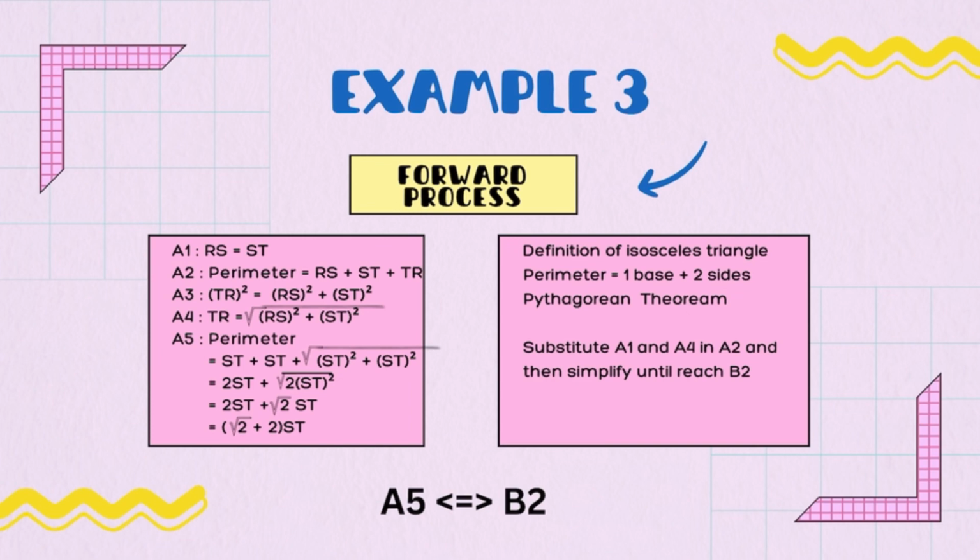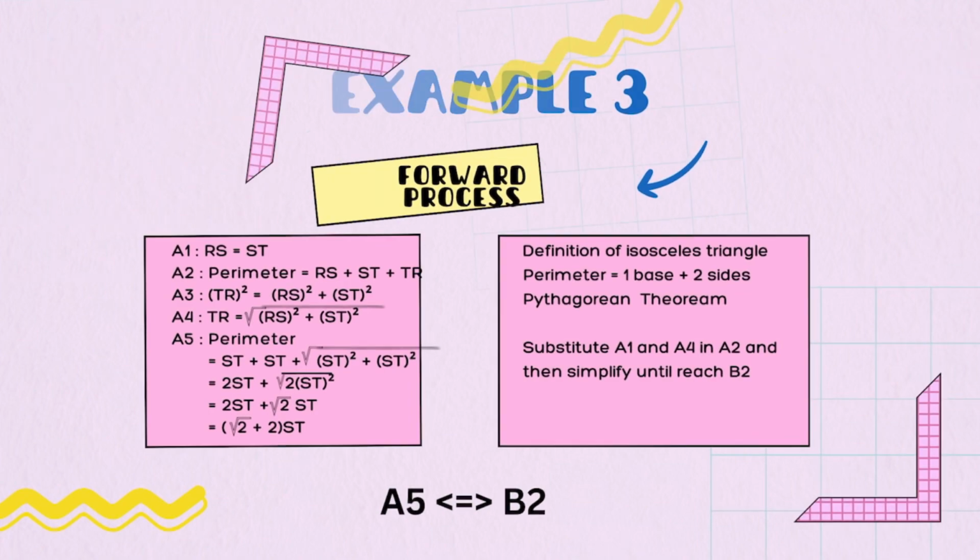From this forward-backward method, we know that A5 is equivalent to B2.